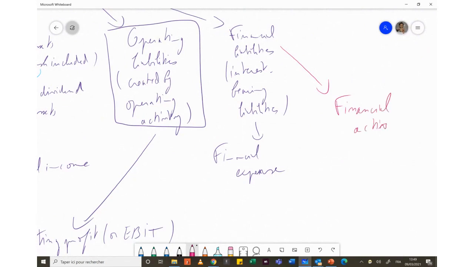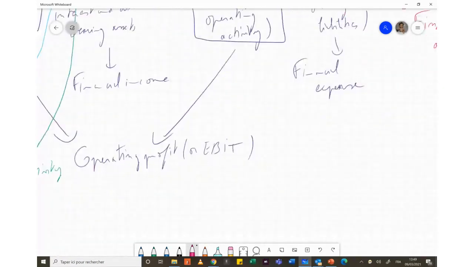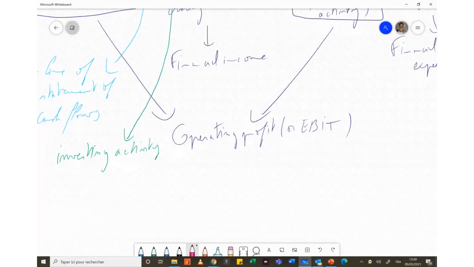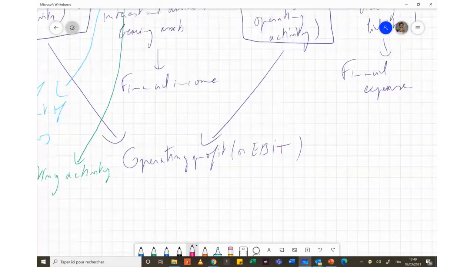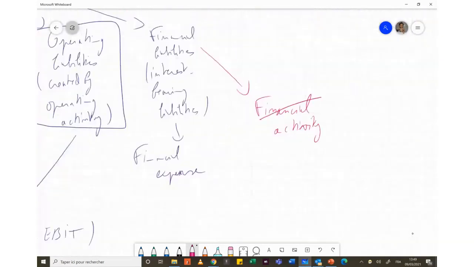We are only in the operating cash flow, so we don't want the investing activity and the financing activity, so not financial, but financing, sorry. Financing activity. Okay. So we don't want the cash flow from financing activity.